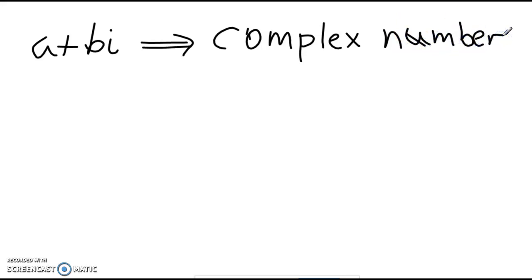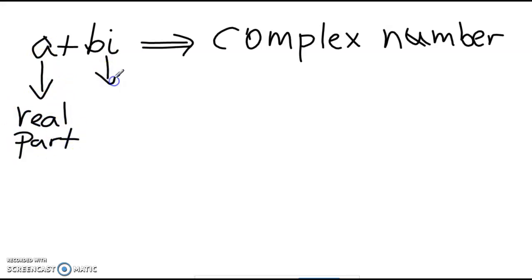A plus BI is a complex number. A is going to be the real part, and BI will be the imaginary part.